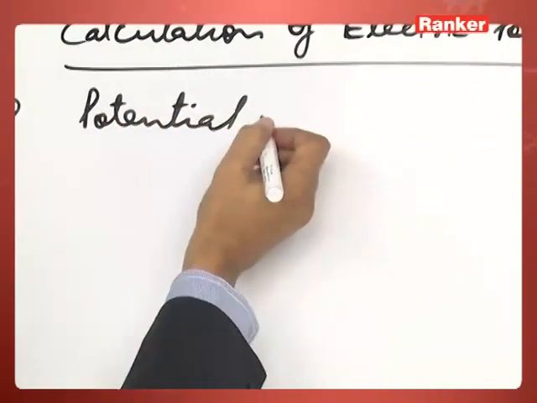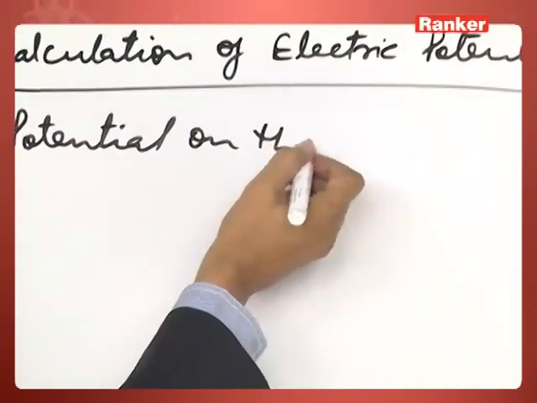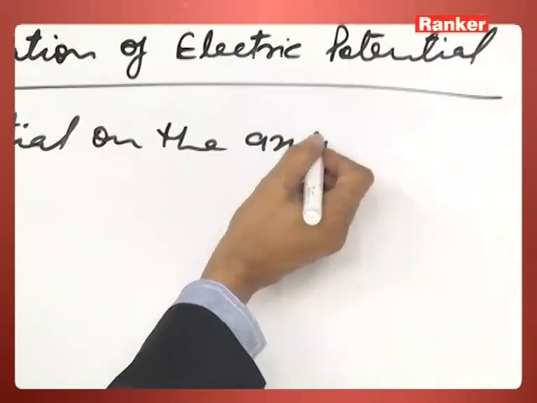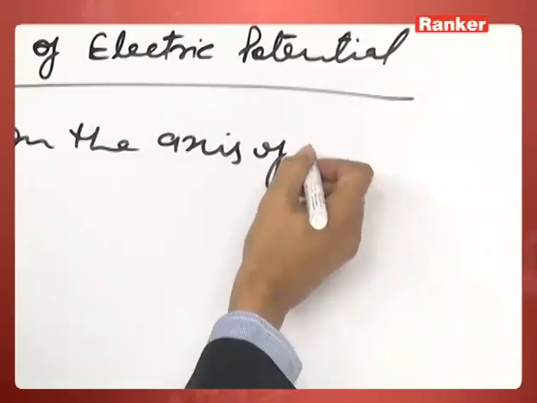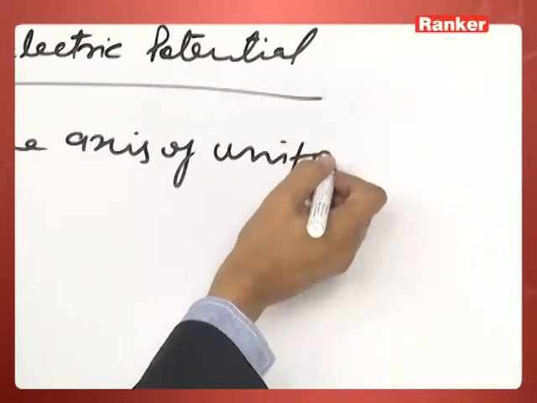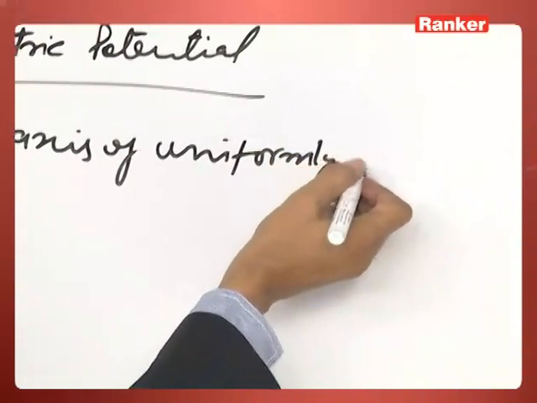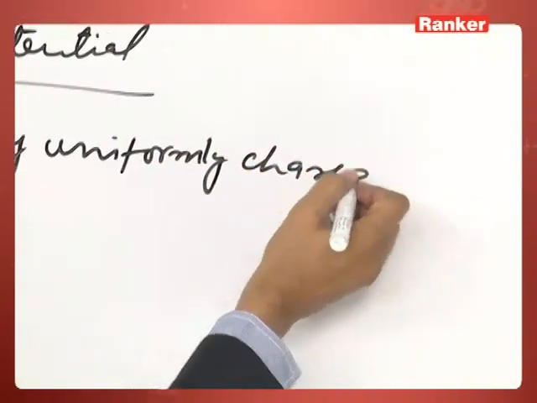Potential on the axis of a uniformly charged disk.